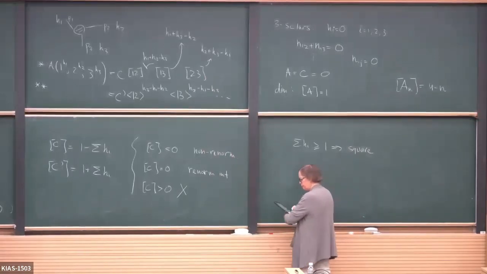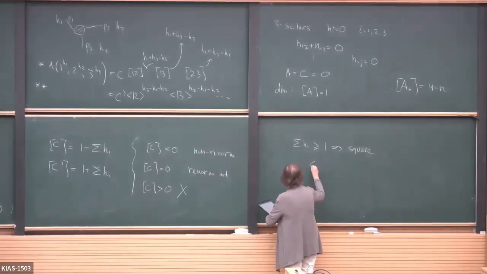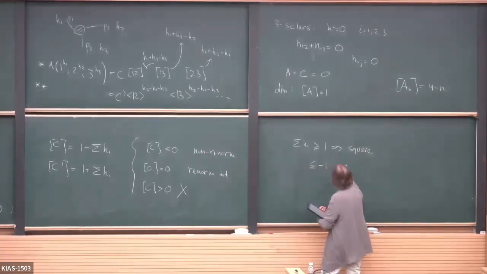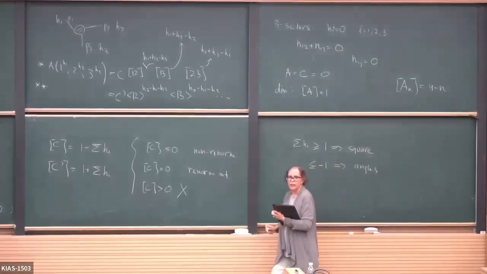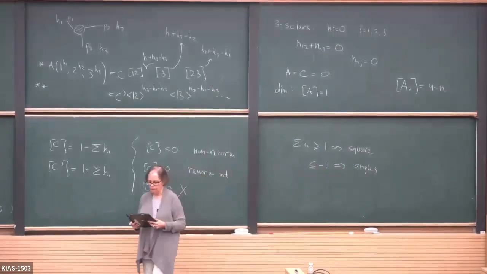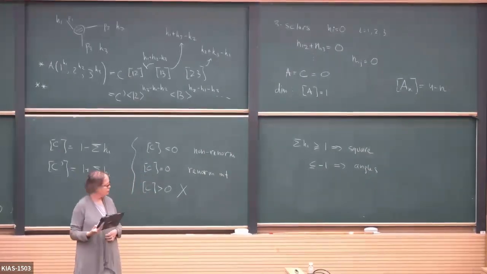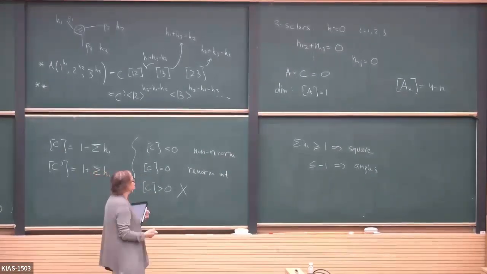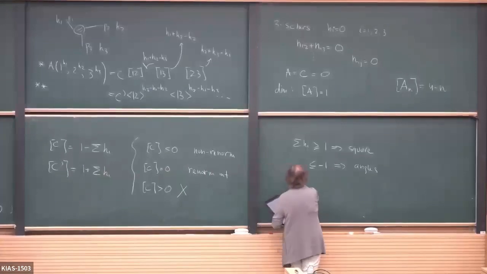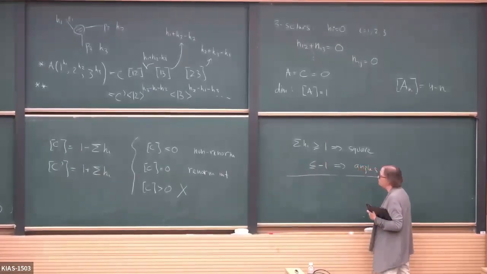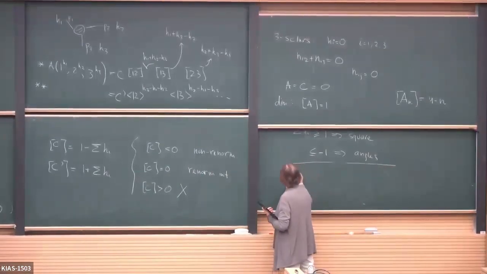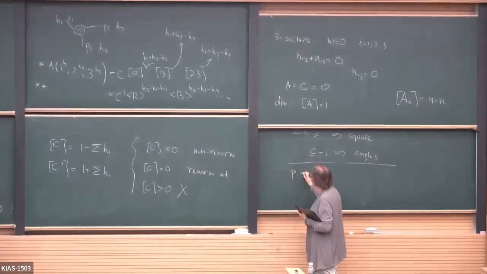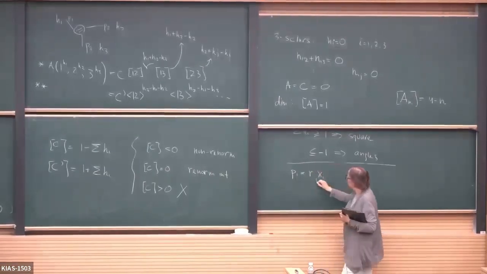And if this is smaller than -1, we have angles. Okay, so that's the story. And there's another way that you can conclude the same thing, which is really sort of equivalent, which is to say, suppose that I take all my momenta and rescale them. So I want to write them as r times some xi, where this is dimensionless.